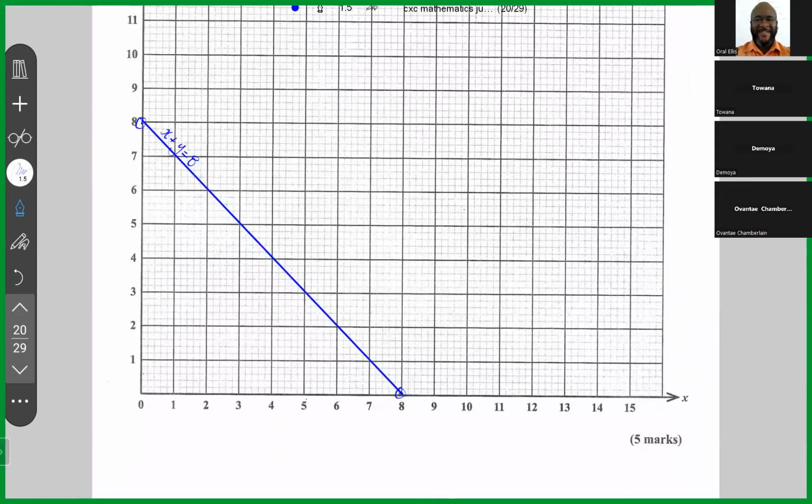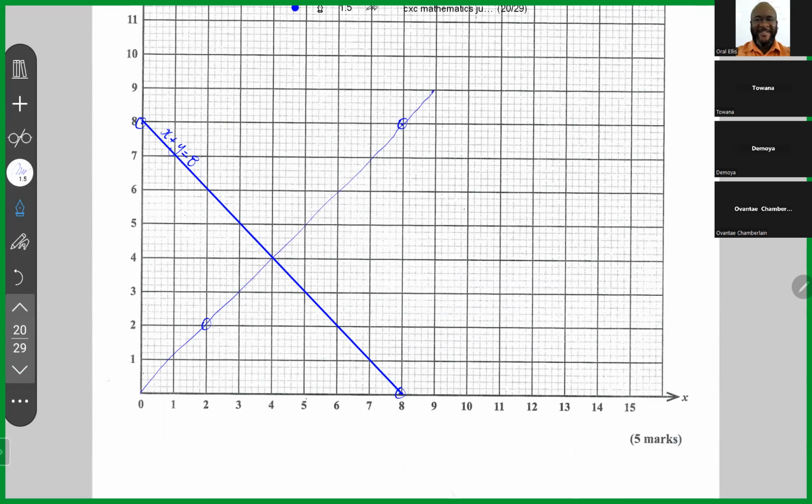So that line is going to pass through the point 2, 2. It's also going to pass through the point 8, 8. It's going to pass through all points on the graph where x and y have the same value. So it's going to pass through the origin, which is 0, 0, then 2, 2, and also 8, 8.